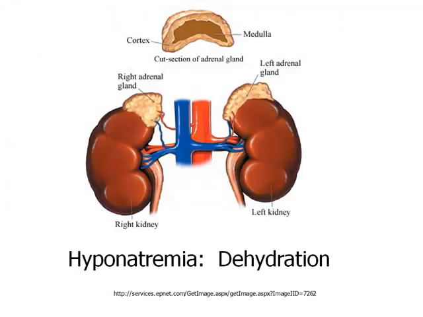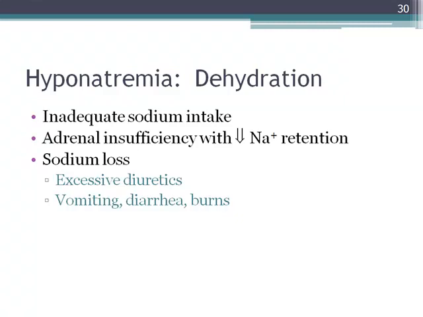Okay, then the last combination that we might have, and again, this is less common, but hyponatremia. So our bloodstream is not very concentrated, but we're also dehydrated. So that can happen as well. Often it's associated with a severe sodium restriction. So if you're on a very low sodium diet, not taking in enough sodium, you're not retaining enough water even just to get by.